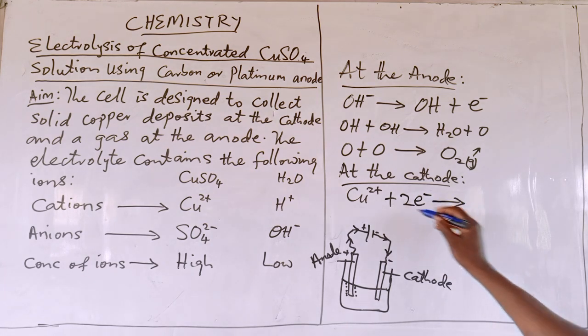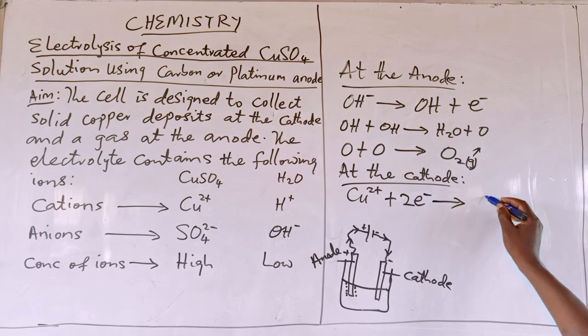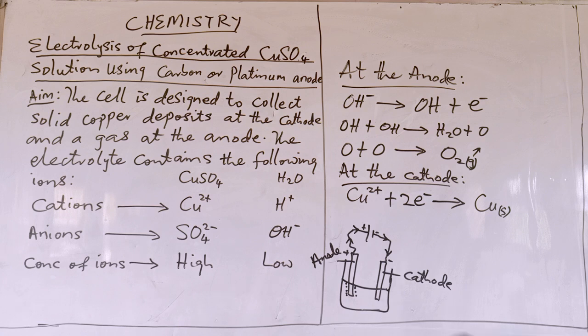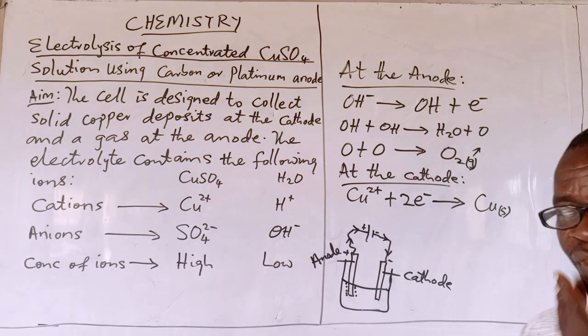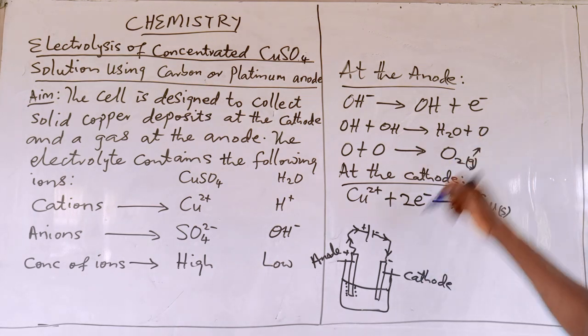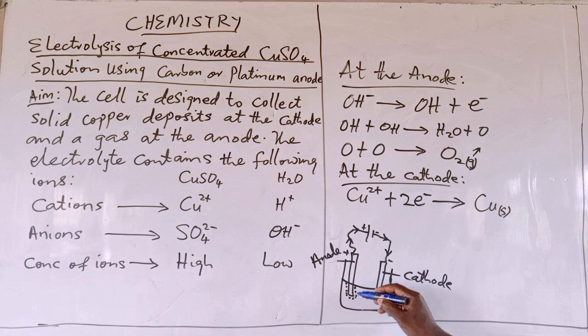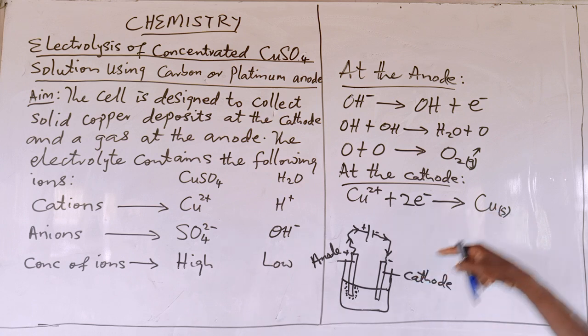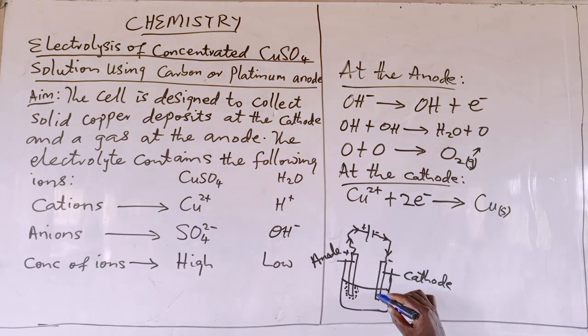So it will collect back 2 electrons to form Cu. This is solid copper. And since it is solid, unlike oxygen that was a gas here and it bubbles out, this will not bubble out. Instead, it will stick itself on the electrode.